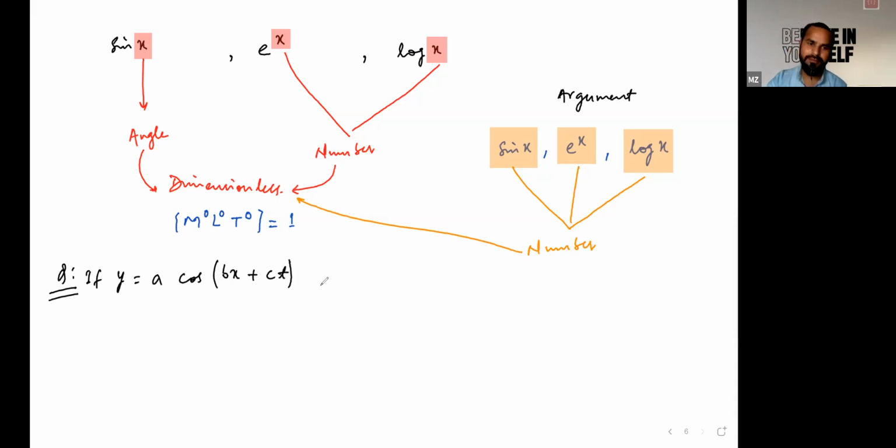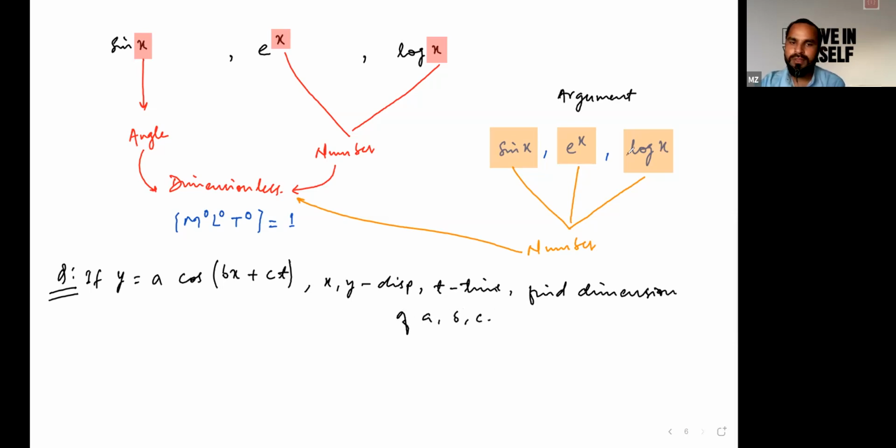In this expression, x and y are defining nothing but displacement. t is nothing but time. We have to calculate the dimensions of a, b, and c. So how to approach this particular problem?